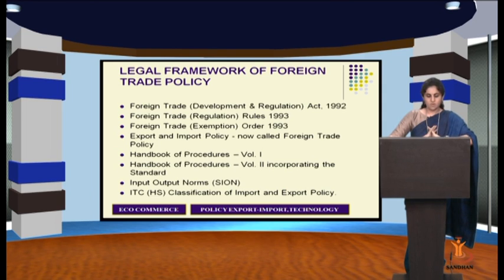Now, if we have a look at the Foreign Trade Exemption from the Application of Rules Order 1993, the main features of this category were of two kinds, actually, imports and exports. In imports, they had provisions for defense purposes, even imports by central and state governments or some public sector undertakings through the India Supply Mission.